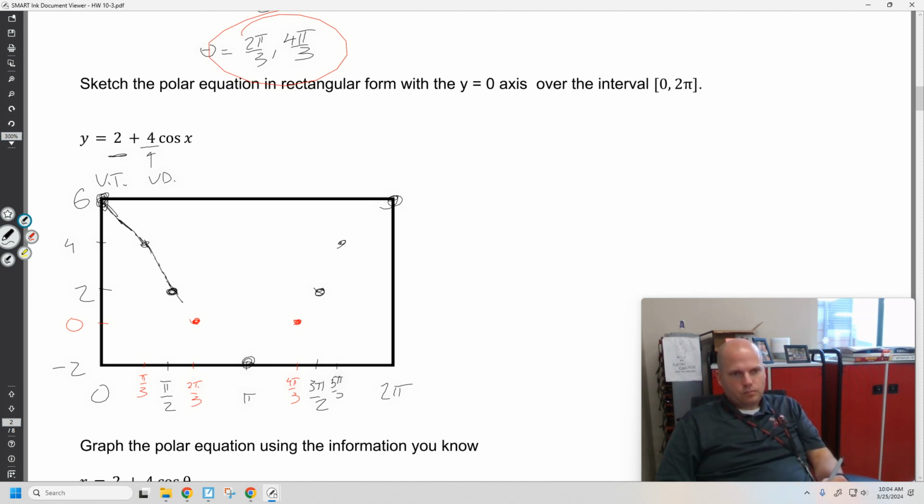But once we go into negative radius land, all of our conceptions about what's going on change.